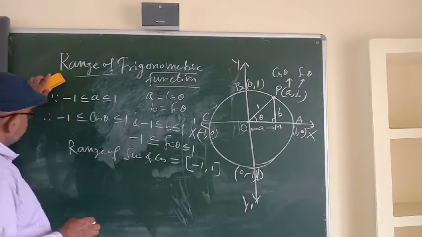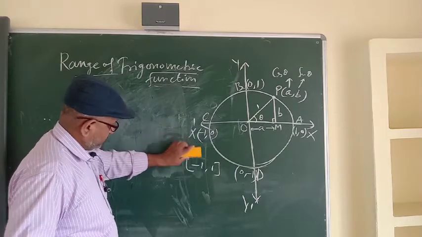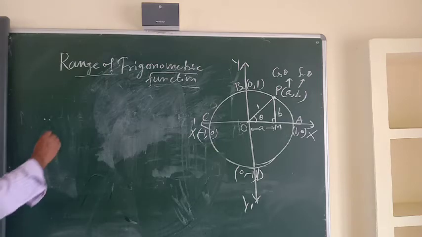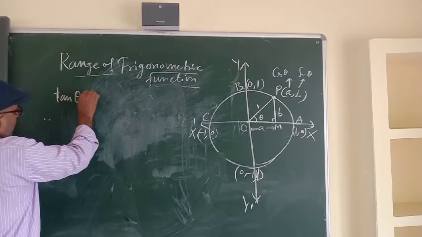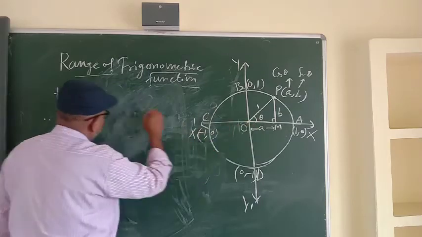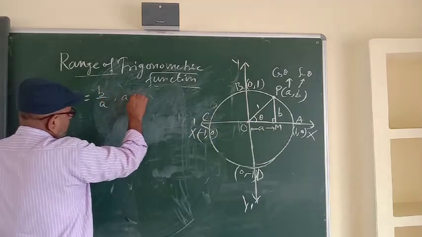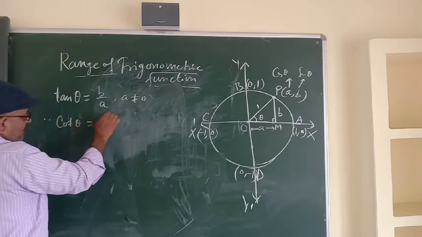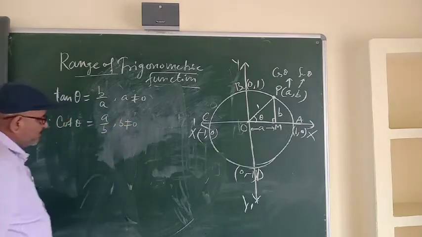Next, tan theta. Tan theta is B by A, A not equal to 0. And what is cot theta? A by B, here B not equal to 0.